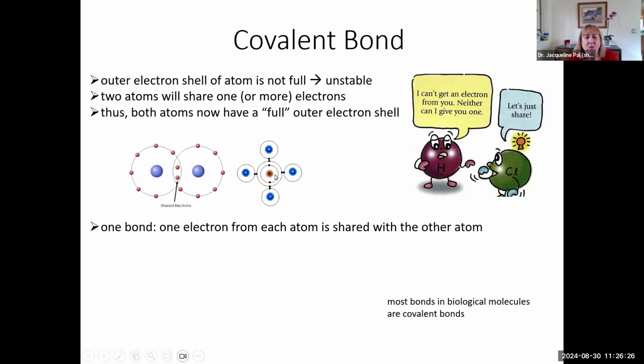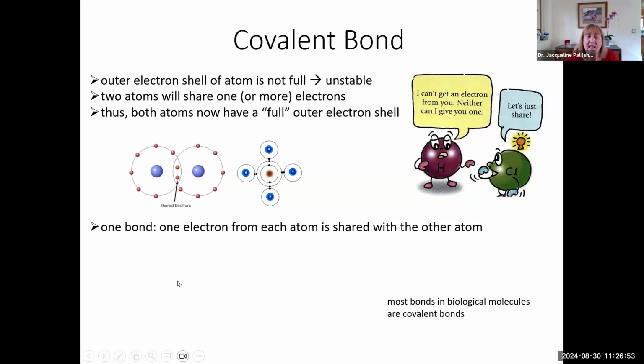And then this is one where we have carbon with 4 electrons and hydrogens, each of them with 1 electron. So each hydrogen is sharing its electron and the carbon is sharing 4 electrons, one with each of the hydrogens. So they're sharing 1 electron with each of the other atoms. So now they are all very happy.